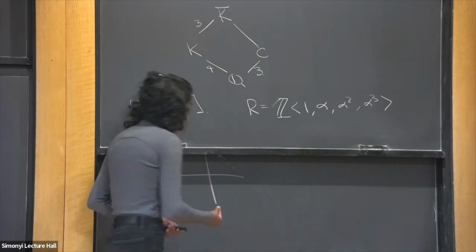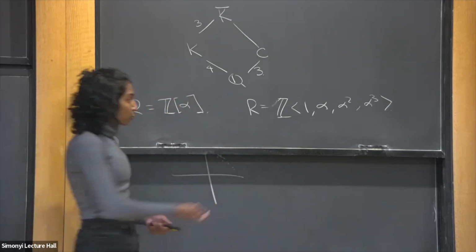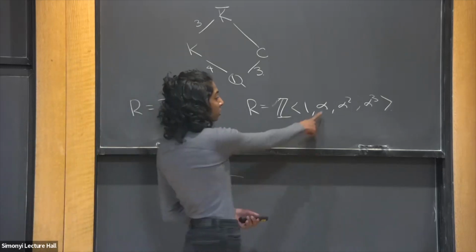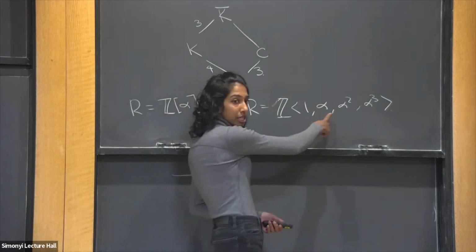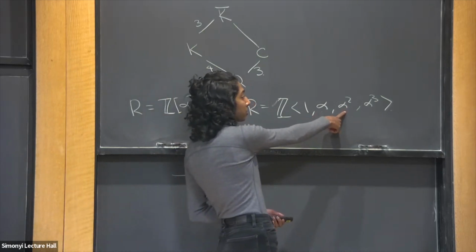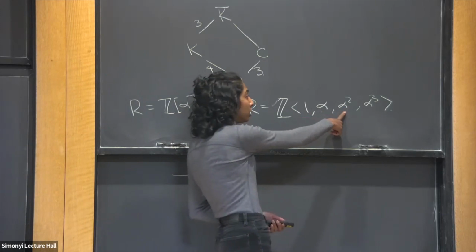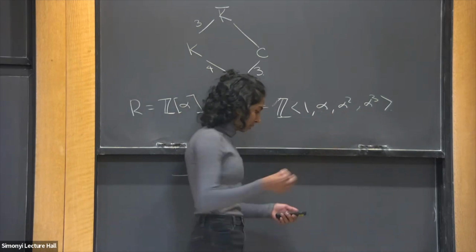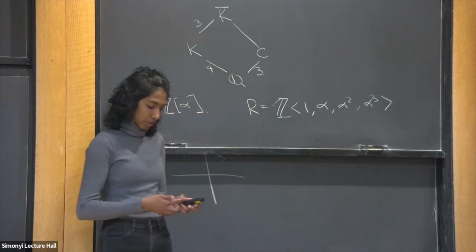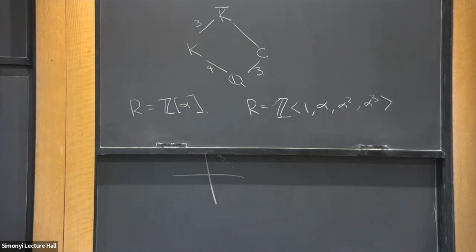And generically, we would expect this to be a Minkowski basis. So we expect the size of the first successive minima to be about the size of alpha, the second successive minima to be about the size of alpha squared, and the third successive minima to be about the size of alpha cubed. And that's why the monogenic point is different from the generic point.